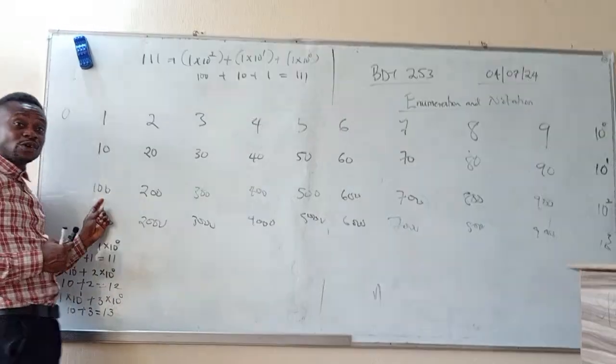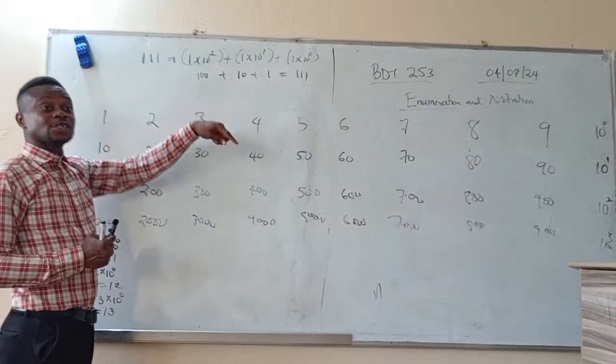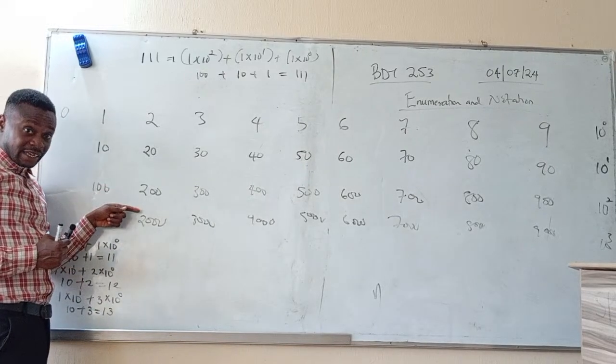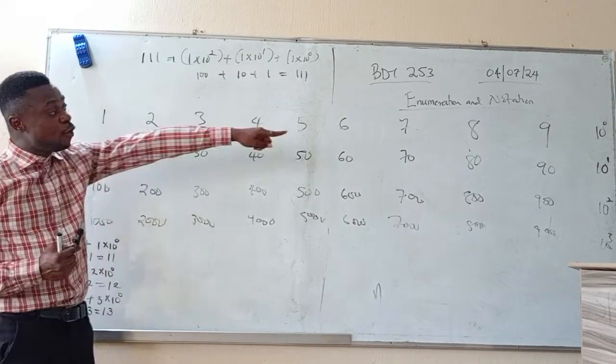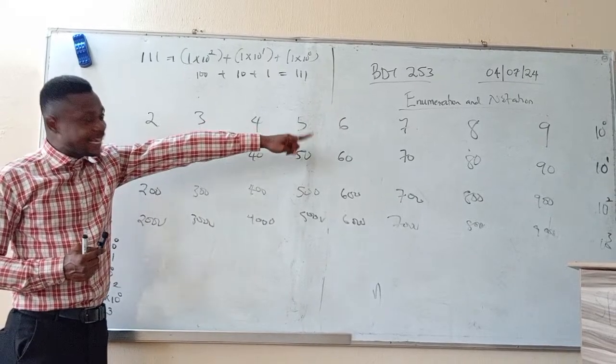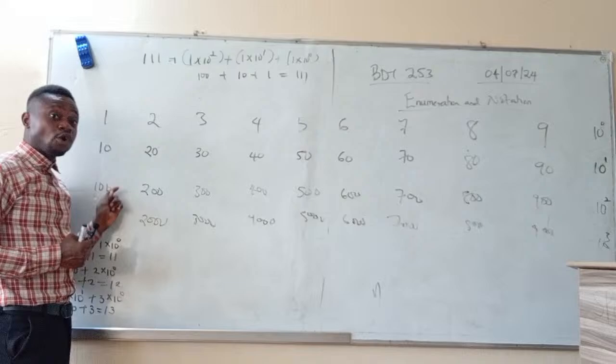Plus 100 is what? 102. 3 times 10 to the power 0 is what? 3. Plus 100 is what? 103. Then let's move to 9. This one is clear, right? Now 9 times 10 to the power 0 is what? 9. Plus 100 is what? 109.